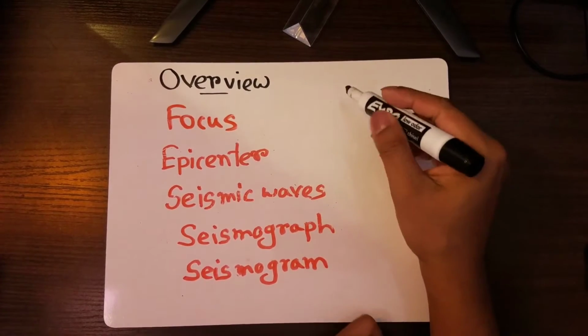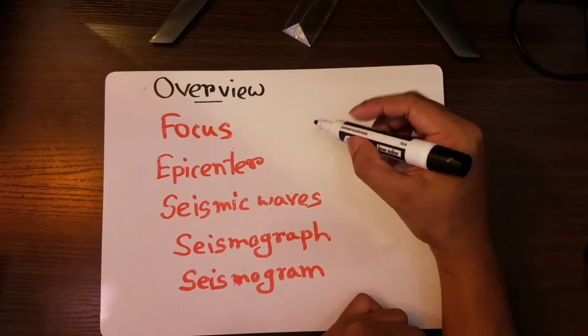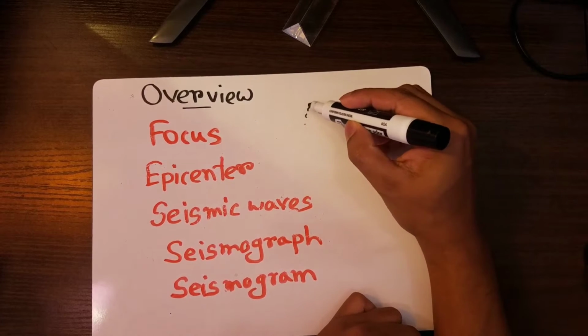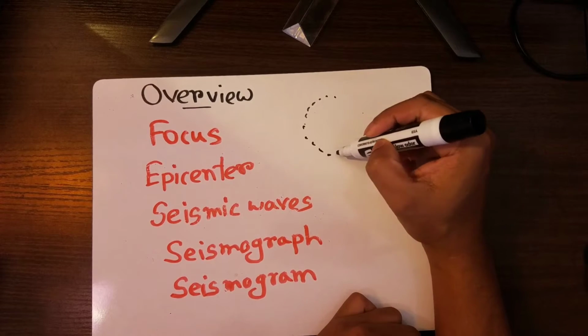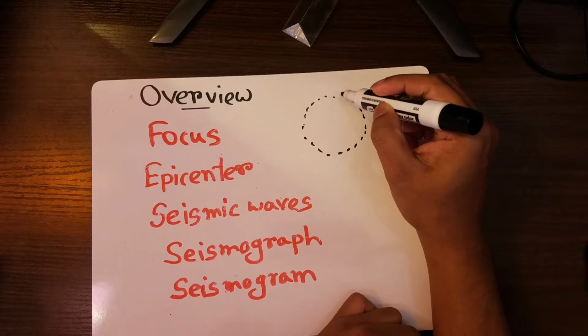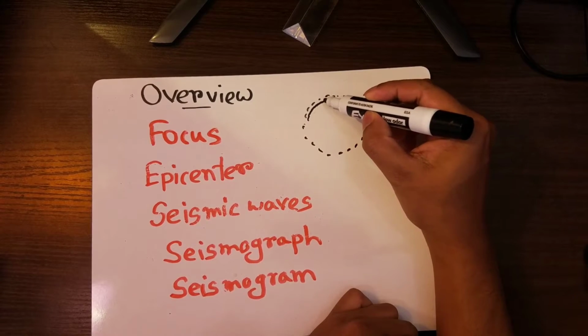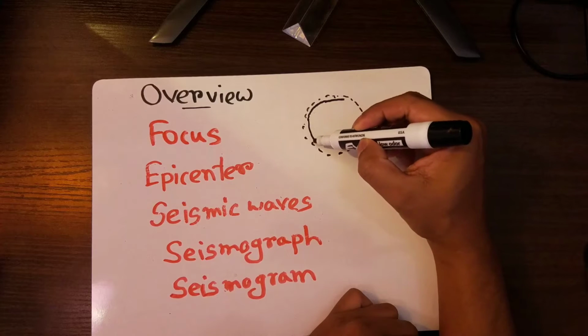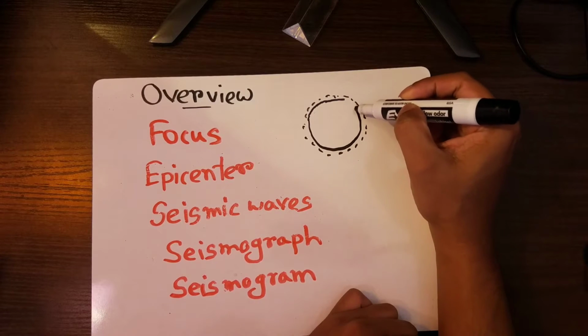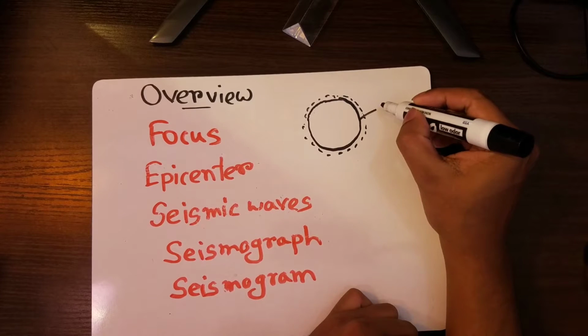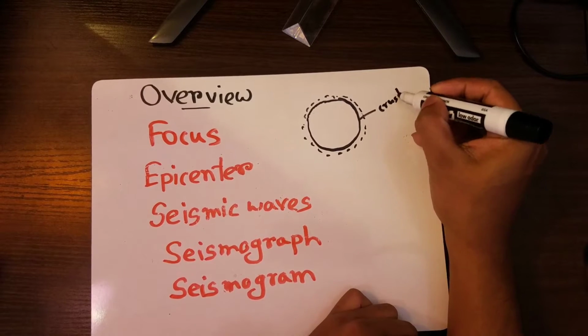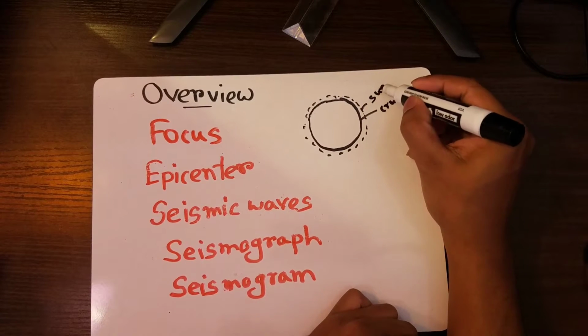So what is a focus? Let's just say that this is our planet Earth, and then we have the Earth's crust, the outer layer. Let's just say this is the crust and this is the surface.